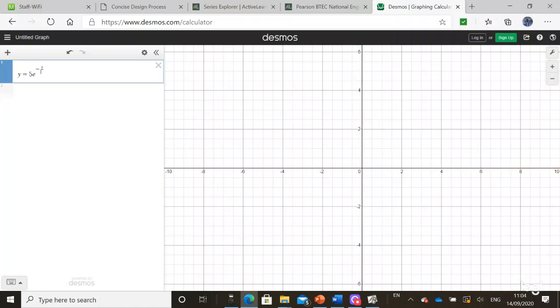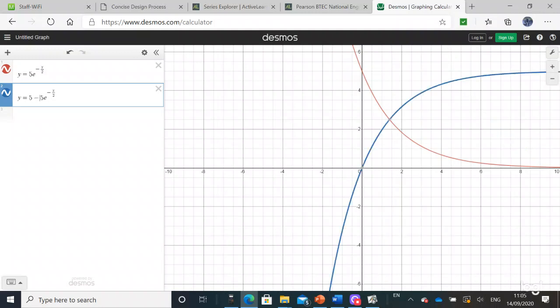So divide by RC. Let's just say it's 10. No, that will take a while to discharge. So let's go for 2, maybe a nicer one. Okay, so I copy this. All I'm doing is putting V naught, which is 5, minus this equation. Yeah, V naught, which is 5, minus itself. Look, opposite. Okay, complete flip. And that's the charging.